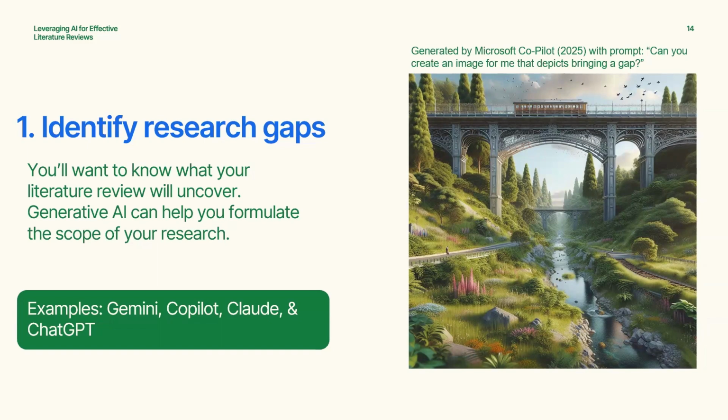For this, the generative AI tools are very useful, the ones where you can ask it a question and it responds with text. So things like Gemini or Microsoft Copilot or Claude, or everyone's favorite, ChatGPT.